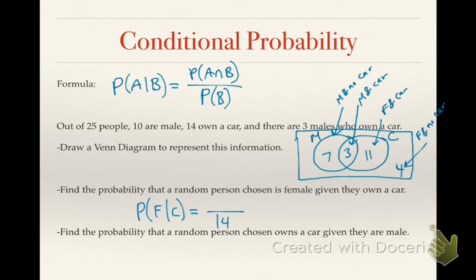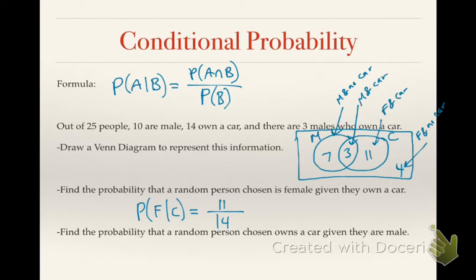And out of those 14 people, how many of them are female? Well, looking at the diagram, we have 11. Because the intersection of own a car and female is 11. Now you might think, well, 3, but that's the intersection of male and have a car. So be careful about that.